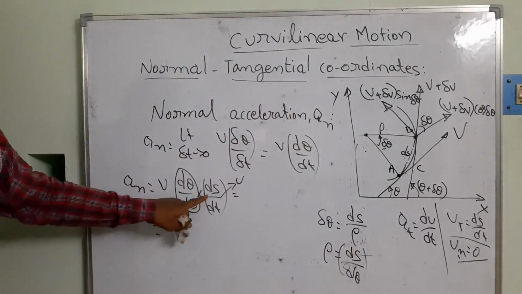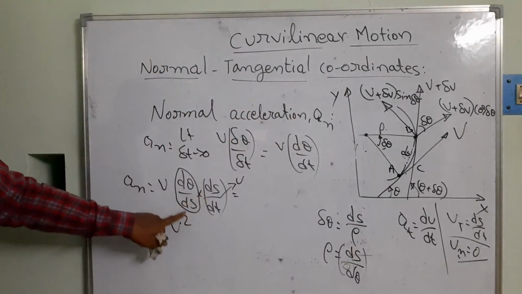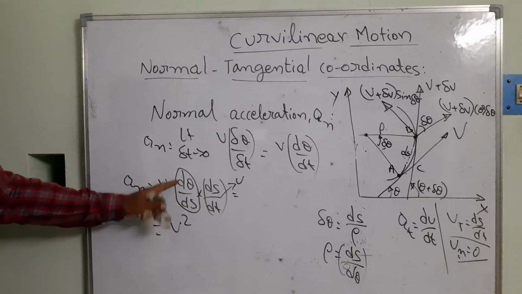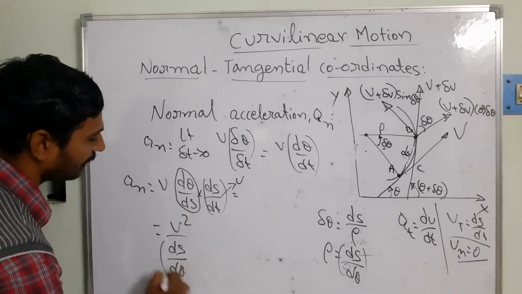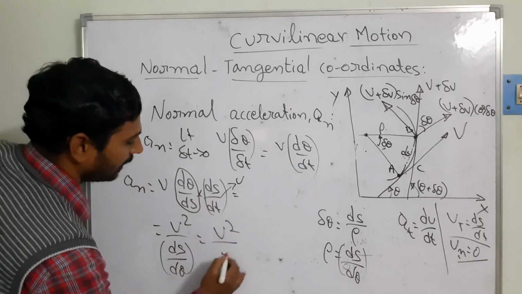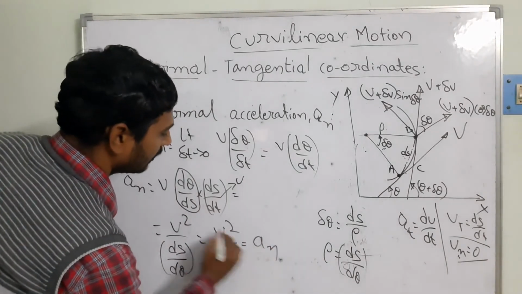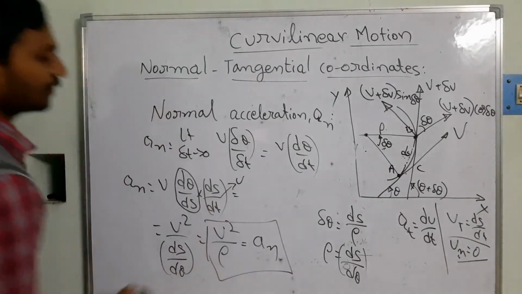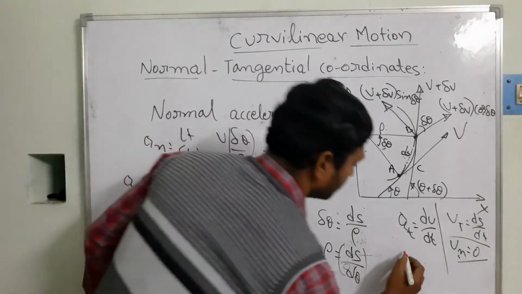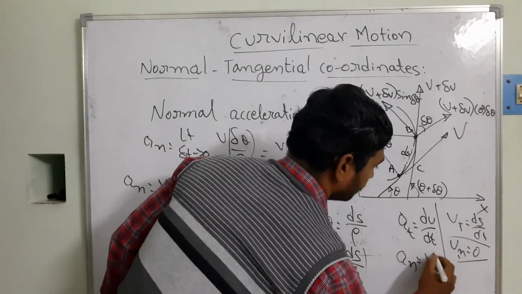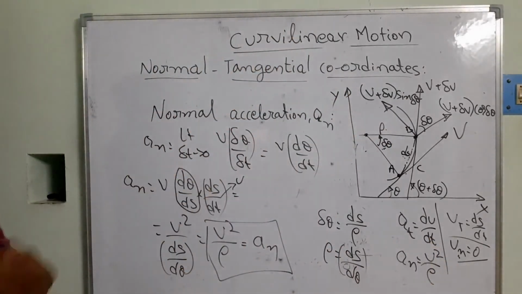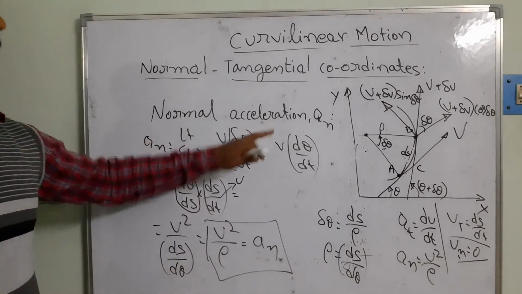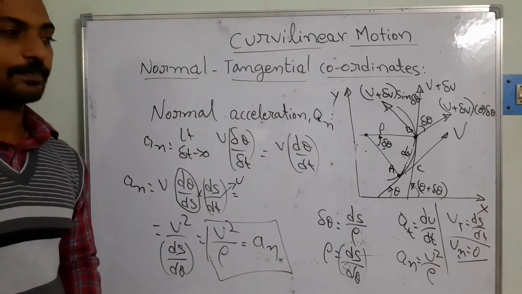So here dθ by ds is there, and that I am going to be getting here as 1 by rho. If I am taking v squared by rho, that is going to be your normal acceleration component of your particle. a_n is equal to v squared by rho. Can you see? Either rho or we can say r also. This way we are going to be calculating the normal acceleration.